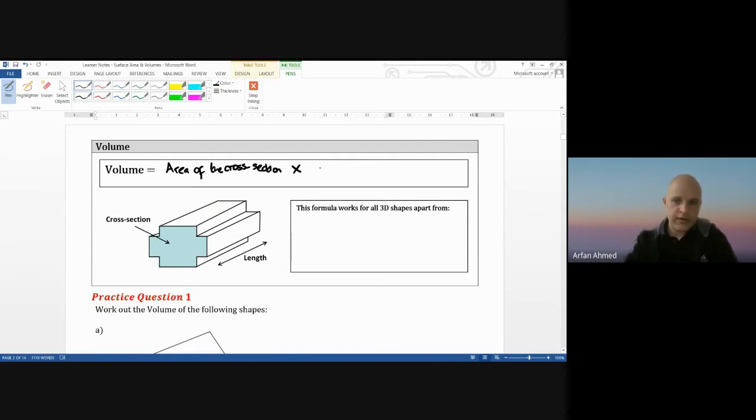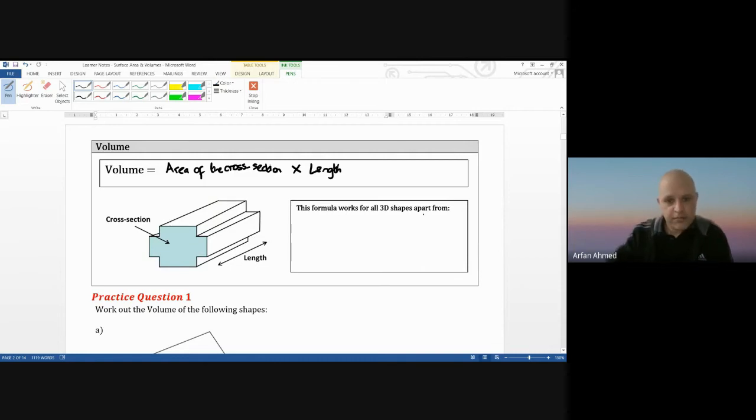We just call it the length. So work out the area of the cross section first, multiplied by how long the shape is. Here's an example. You could have any weird shape like this. If we knew the area of this shaded part first, and if we knew the length, we can very easily work out the volume just by multiplying those two numbers together.